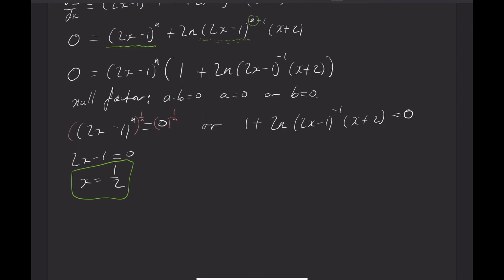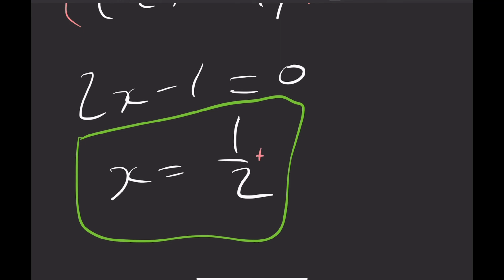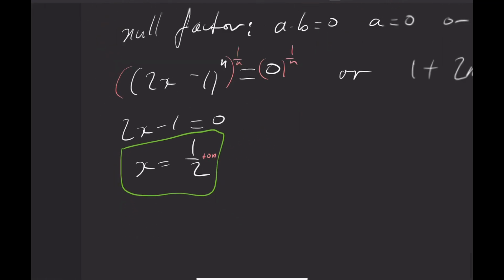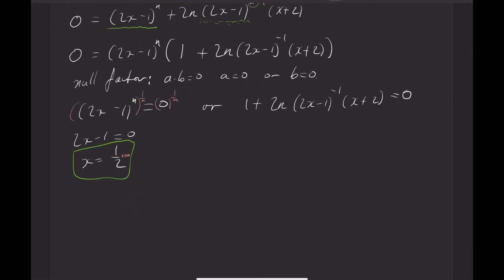Now, this is actually in terms of n. Give yourself a second to think about that. I could just add 0n to it, and that's in terms of n. So that half is still a valid solution for this question.